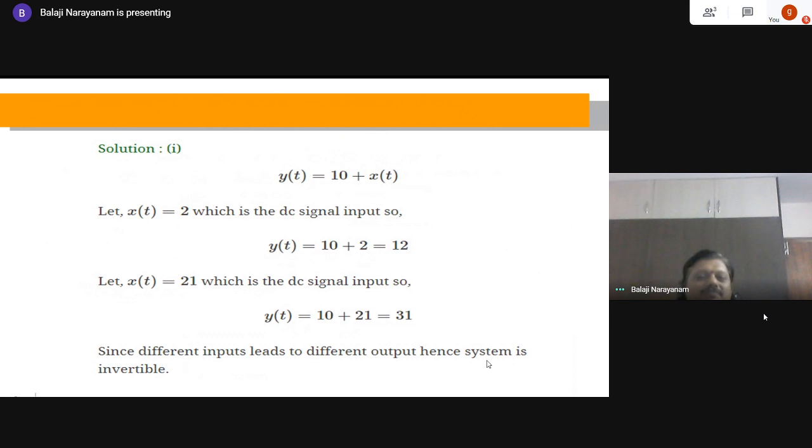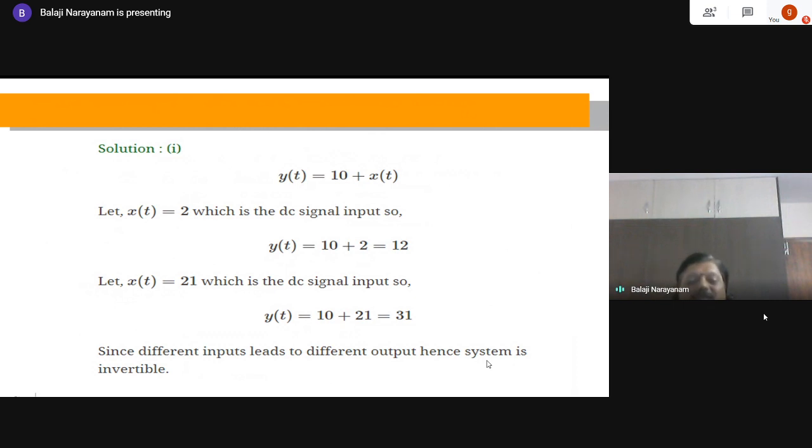Then let us take the first problem. Y of t is equal to 10 plus x of t. Now the x of t value may be taken as a numerical value like 2, which is a DC input signal. Y of t is 10 plus 2, so the value is 12. Again, a numerical value. Let x of t is equal to 21. We may take any value for x of t.